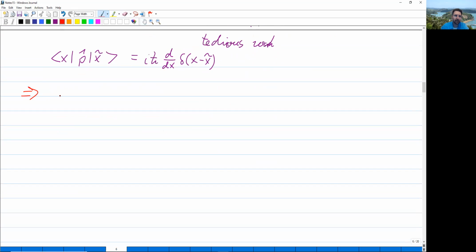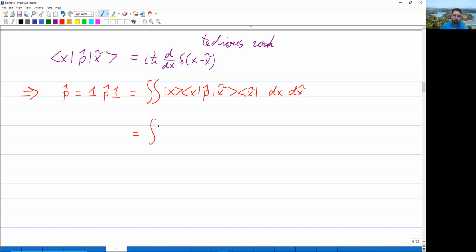So what do we have? We then have that p hat is equal to identity p hat identity, which is, we insert the identity in the position representation, the integral of x, and then we have p hat x tilde dx tilde, and that is then equal to integral, this is over r, and this is over r.